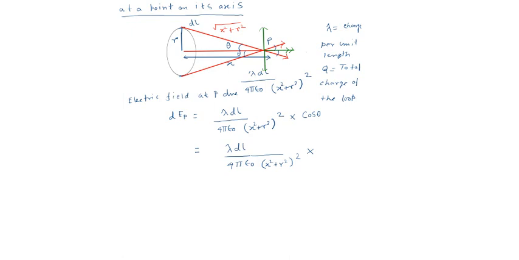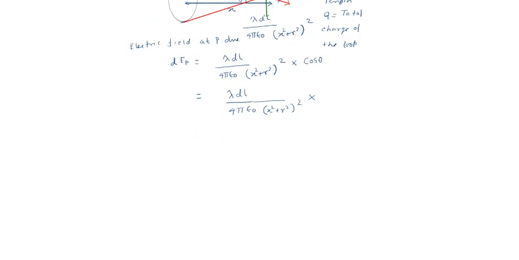So cos theta, if I write it, will be x divided by root over of x square plus r square.